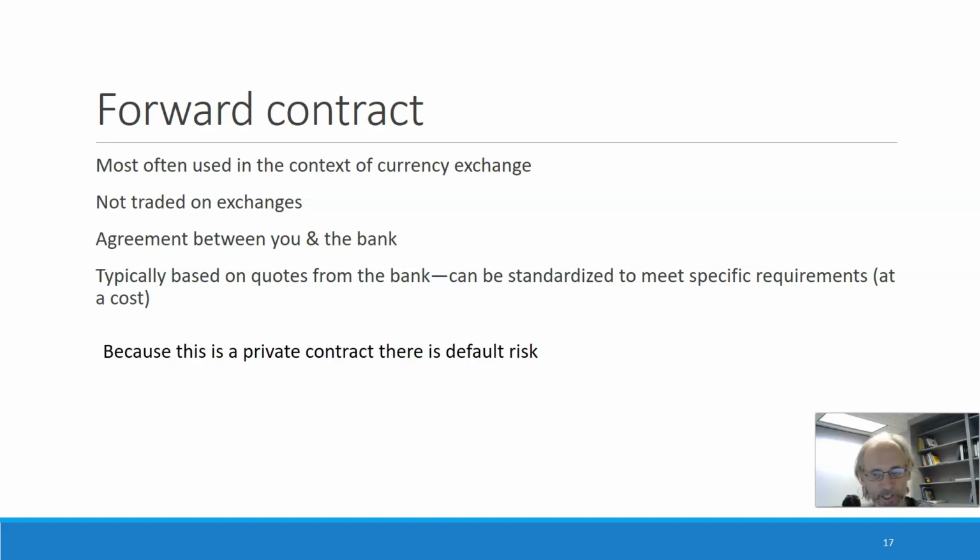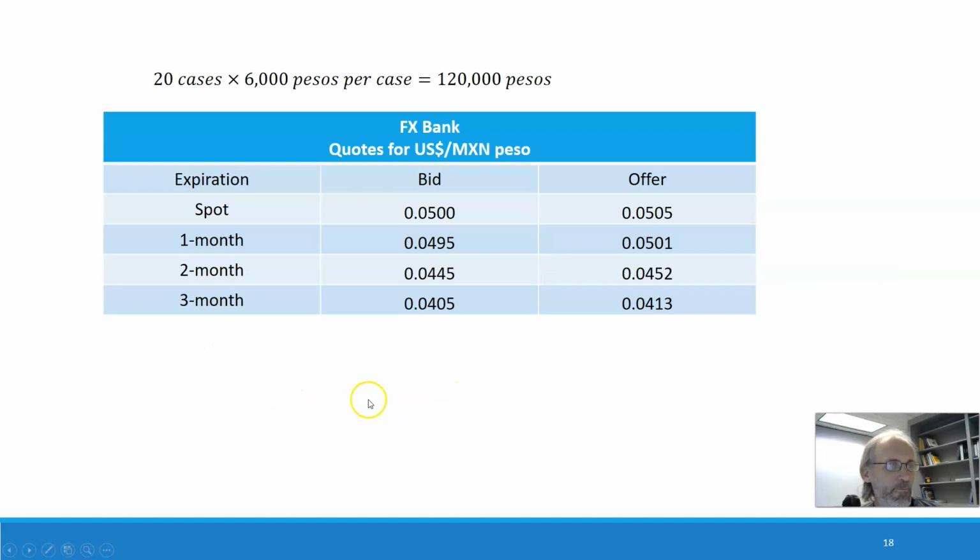I don't know if somebody picked those up, but there is the possibility that the bank can't live up to its end of the bargain. Most of the time, though, you're dealing with large banks, Chase Manhattan, Bank of America, and the chances that they're not going to be able to fulfill a contract that expires in the next year or so is pretty slim.